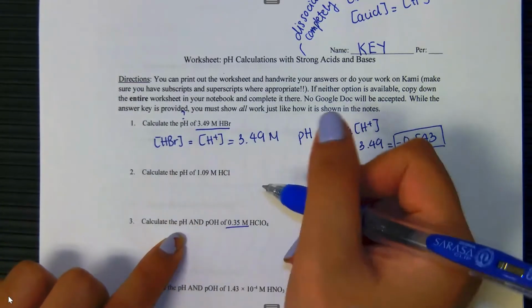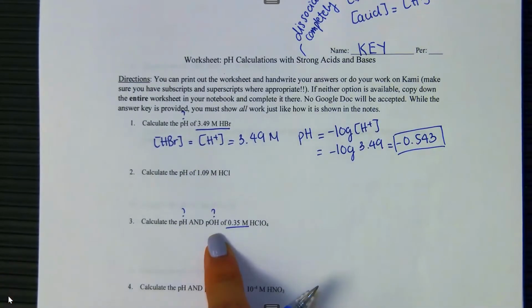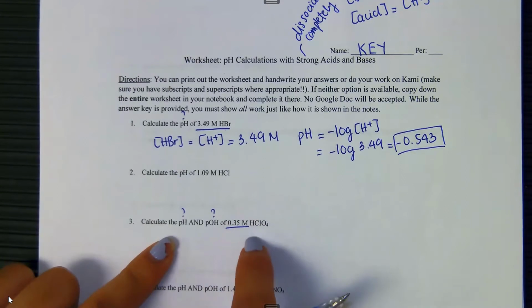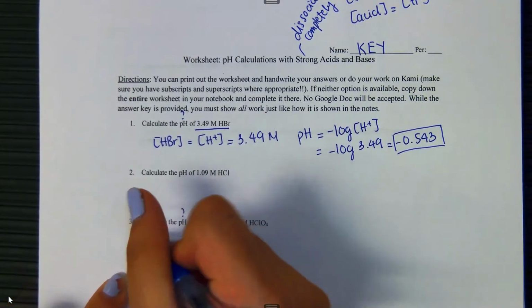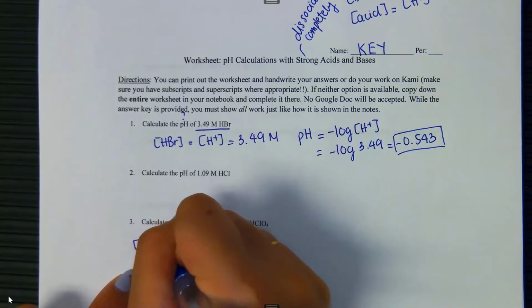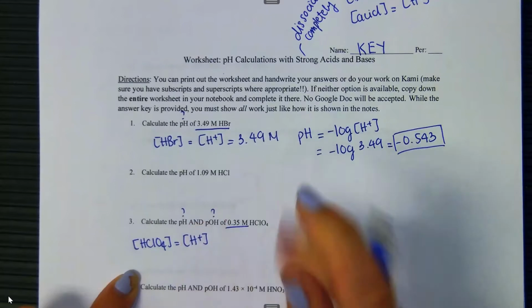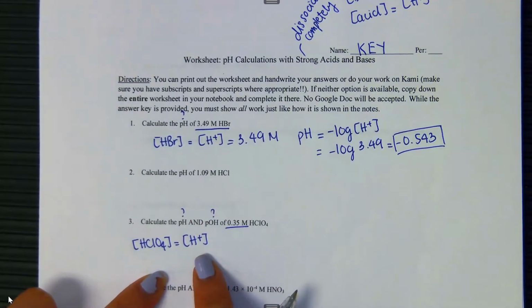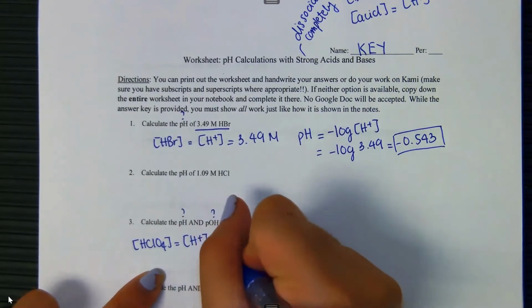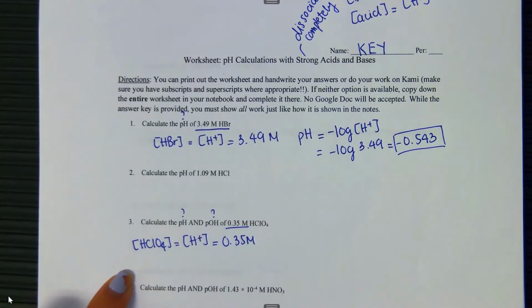But just make sure that we are finding the correct things, or what it is that they're asking of us. In order to find the pH, let's state again, the concentration of perchloric acid is equal to the concentration of the hydrogen ion, and all that's equal to 0.35 molar.